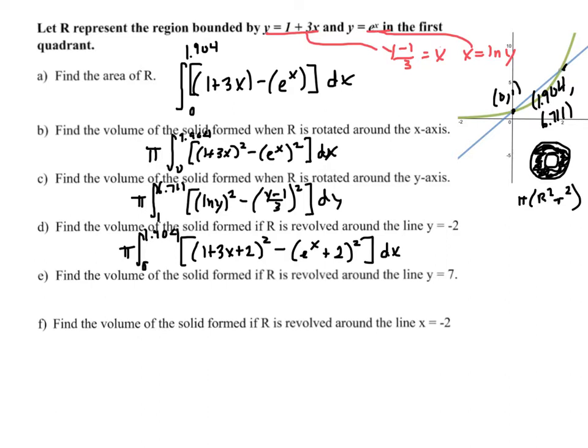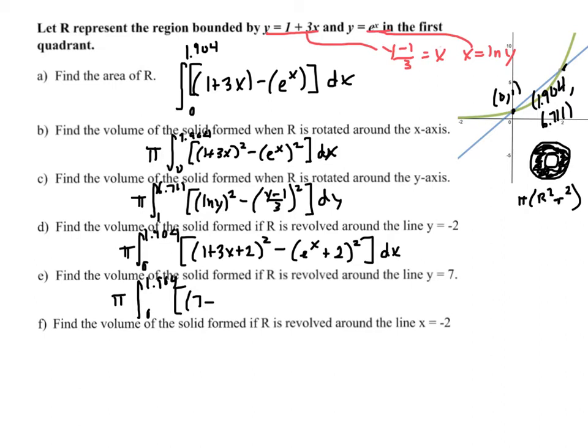Now rotating around the line y equals 7. So now we're rotating around something that is above, up here. So we need to find the difference between 7 and the functions to tell me what the radius is. So 0 to 1.904. We're going to have 7 minus the function.